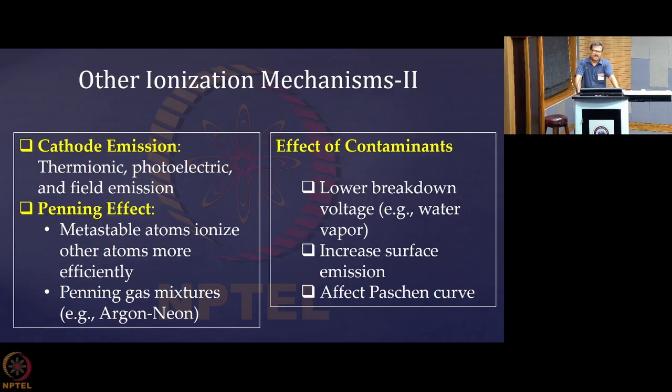Now impurity plays a very important role in cathode emission. I will tell you one thing, tungsten has a work function that is more than 4 electron volt.